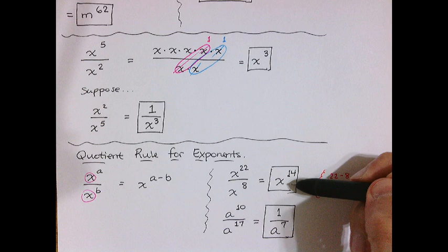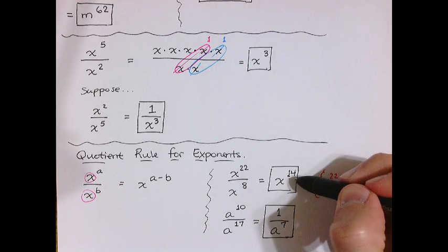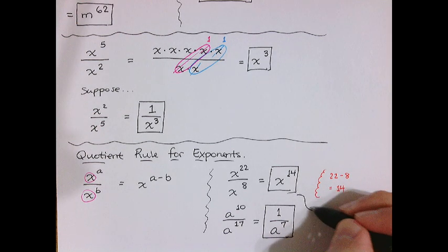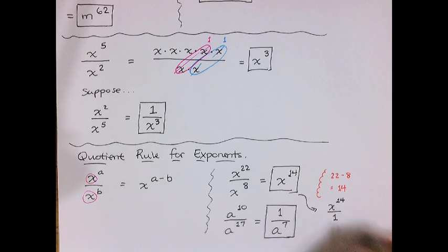And you might say, well, what about this problem? Well, we had more factors in the top, and if you wanted to, you could say, this is kind of ridiculous, but you could say this is x to the 14th divided by 1. But why do I need to say divided by 1? That doesn't do me any good. So that's why we just say x to the 14th.